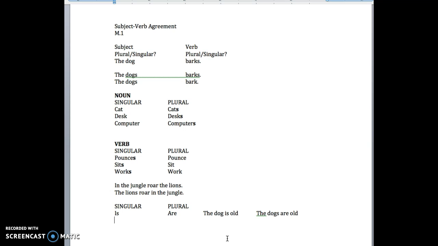We have has and have. The dog has fleas. The dogs have fleas. Does and do. The dog does his business. The dogs do their business.